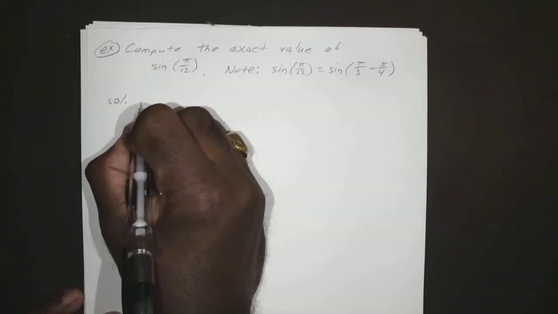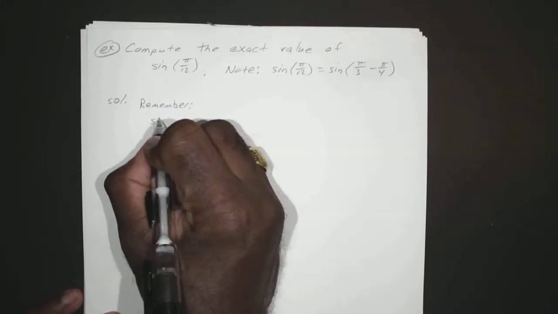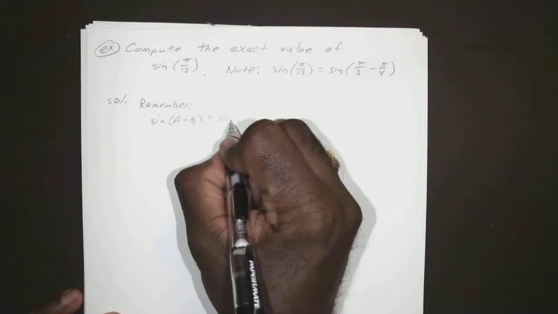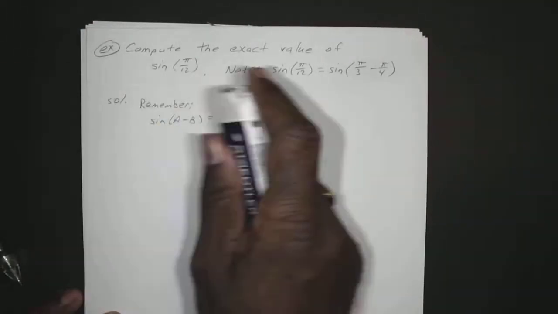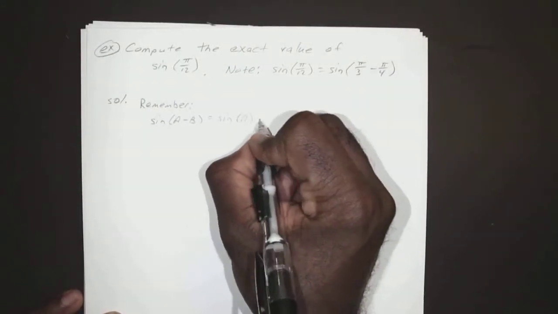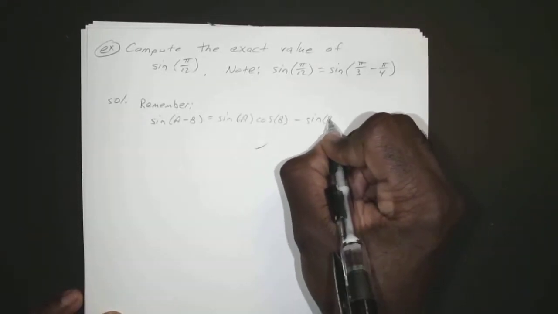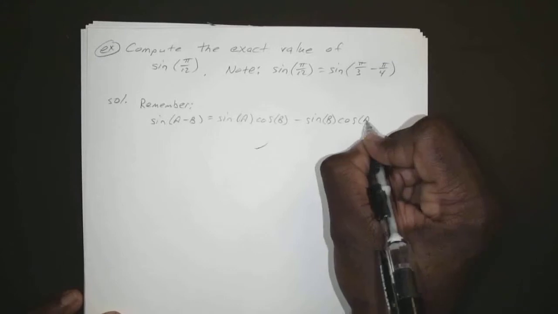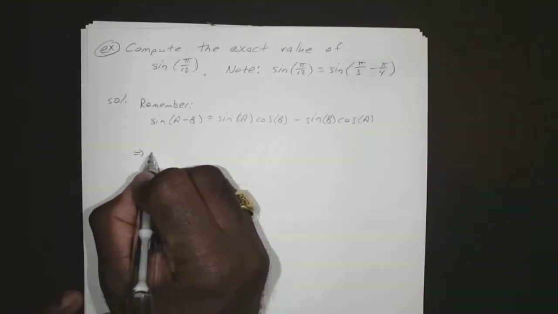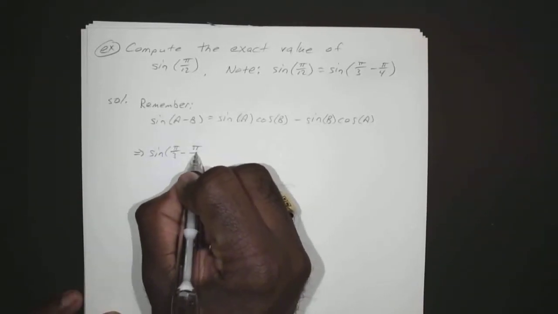Okay. So since we already know our formula, sine of a minus b equals sine of a cosine of b minus sine of b times cosine of a, we can solve for our sine of pi over 3 minus pi over 4.